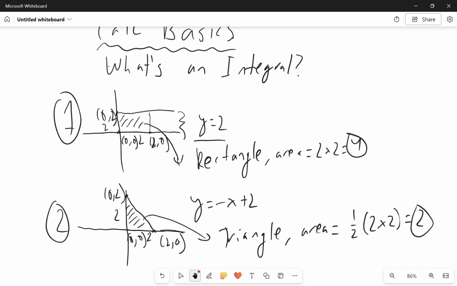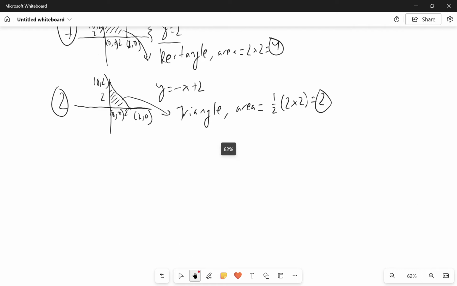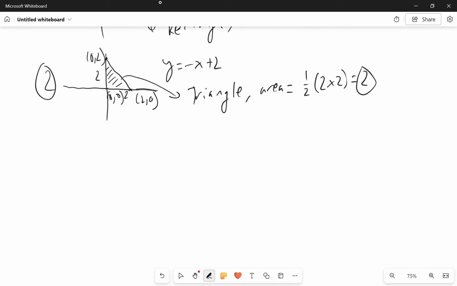So far we've been able to use geometry to find these areas that we're looking for. But let's go one step further and bump our function up a degree. So we've dealt with a constant function, a linear function. Let's try quadratic now.